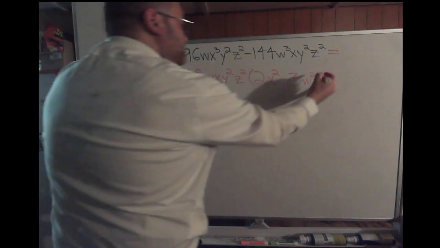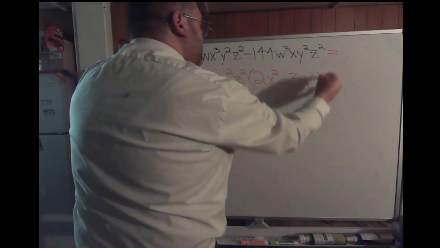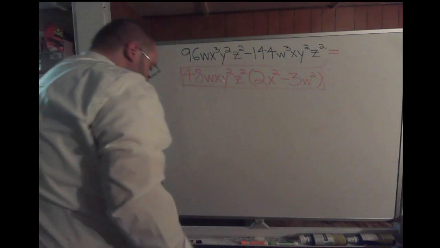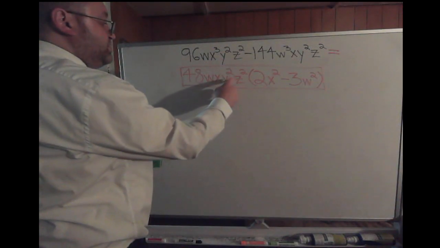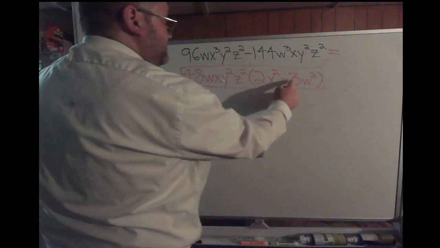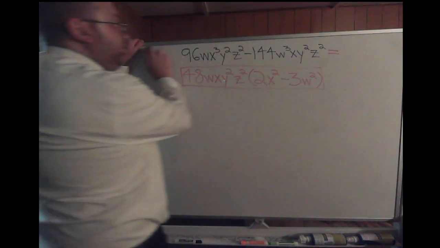That'd be 1. So we can go no further. The complete factorization rather, is 48wx y squared z squared times the quantity of 2x squared minus 3w squared. And I do have one more problem.